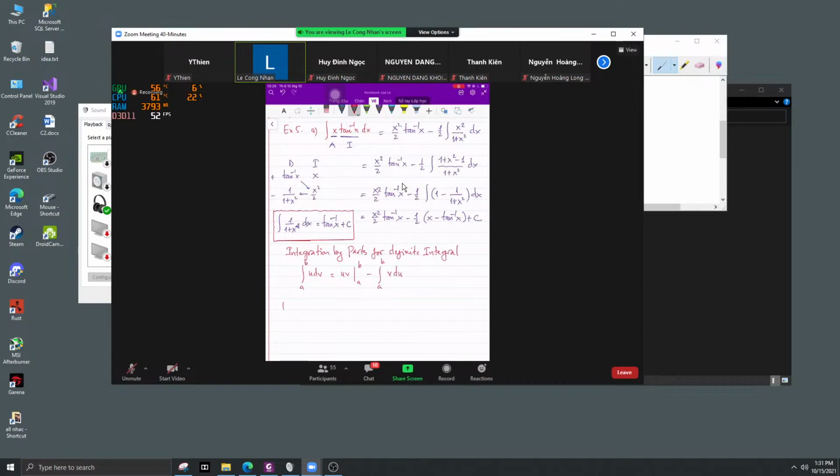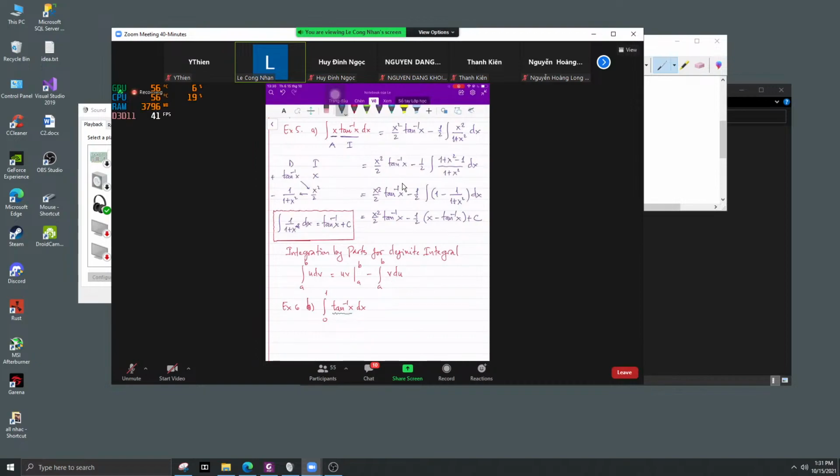Okay, example. So we have example 6, part B. For example, we have the integral from 0 to 1 of the inverse tangent of x dx. Here we couldn't apply u substitution because we don't have the formula for the antiderivative of inverse tangent.